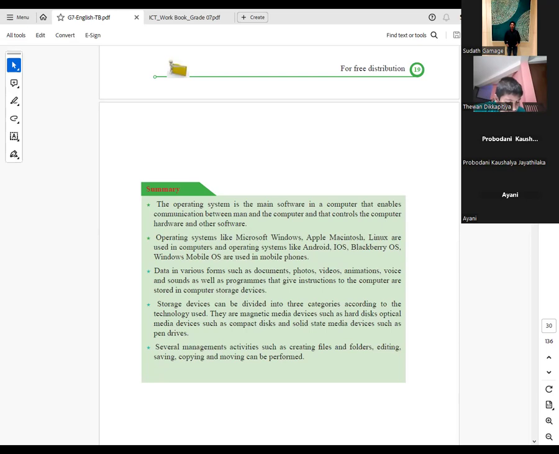SSD has a higher speed than optical devices and magnetic devices. What is the reason? I told you the reason. Think about the manufacturing technology.